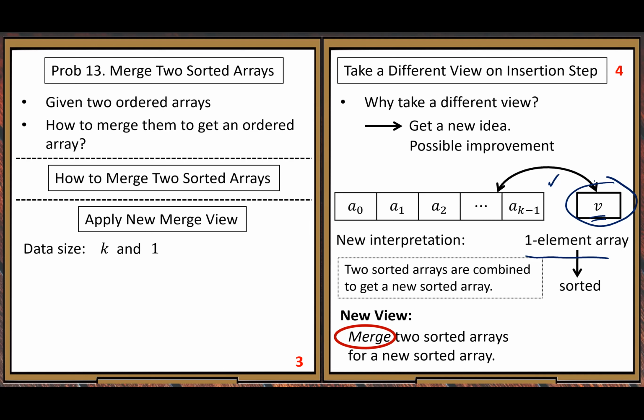In the new merge view, the insertion operation merges two subarrays with data sizes k and 1. It's not balanced, right? Because the difference is big, and the data distribution is not balanced.